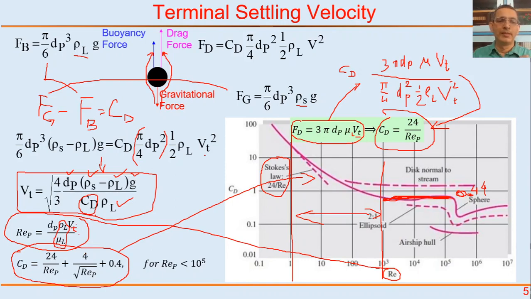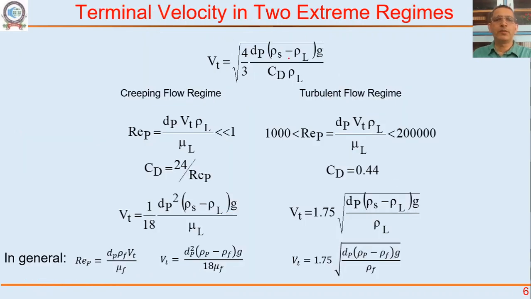So this is a little difficult to calculate. So what we can do is look at the extreme regimes. We can look at a regime where Reynolds number is far less than 1, and a regime where Reynolds number is greater than 1000, let's say the turbulent regime if you like, or inertial regime, where CD is 0.44. Let's do that. So this was our expression for Vt from the previous slide.